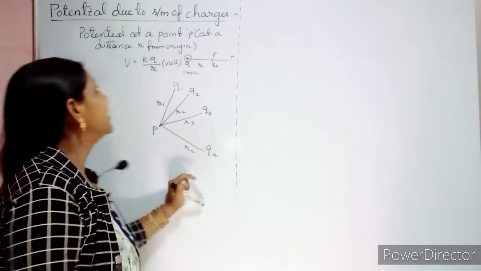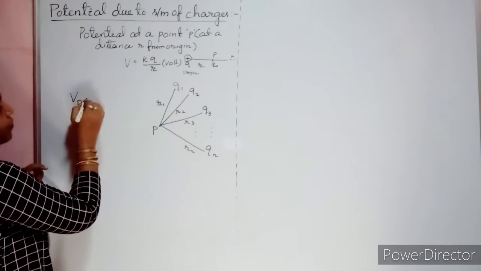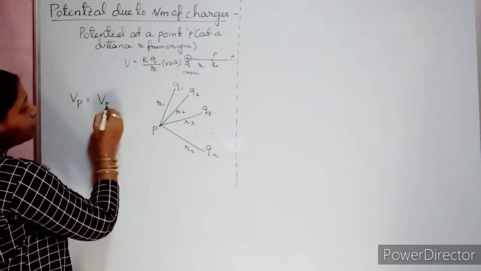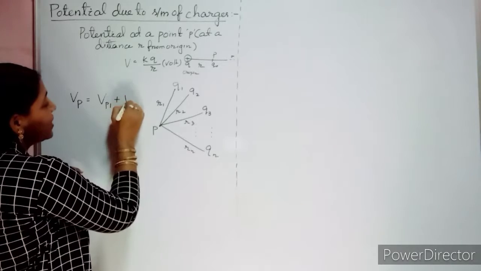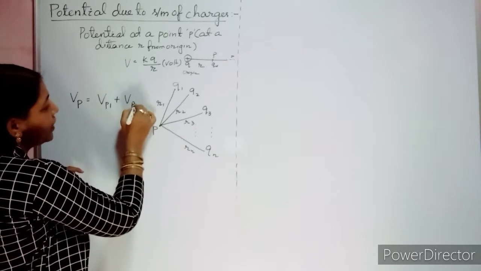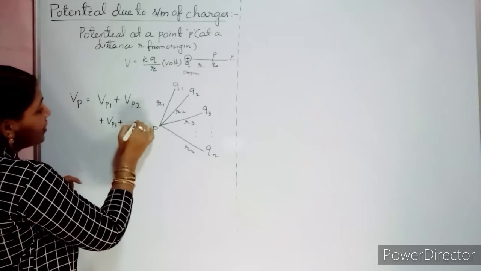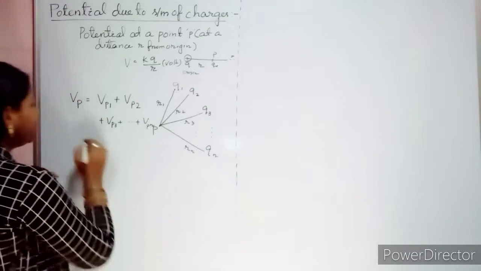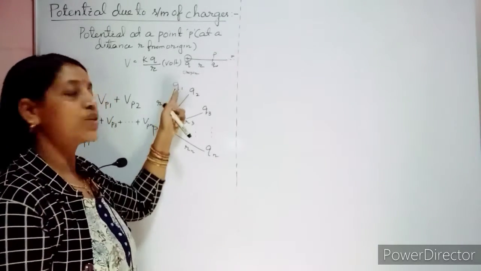Then what will we write? For the total potential at the point P, we have the potential at point P due to Q1, Vp1, plus the potential at point P due to charge Q2, Vp2, similarly Vp3, plus Vpn. What is Vp1? The potential at point P due to charge Q1.